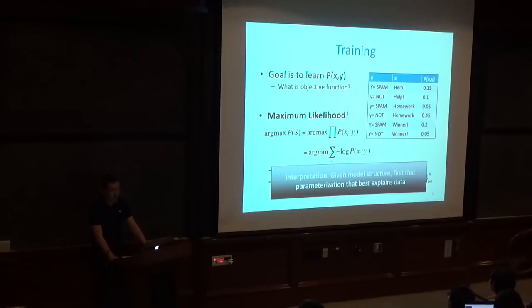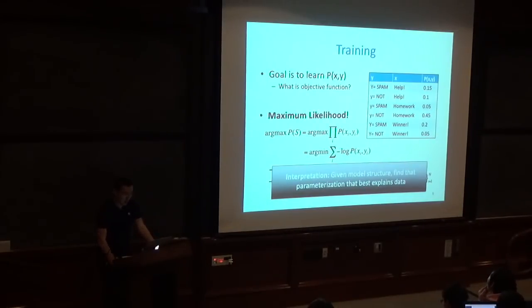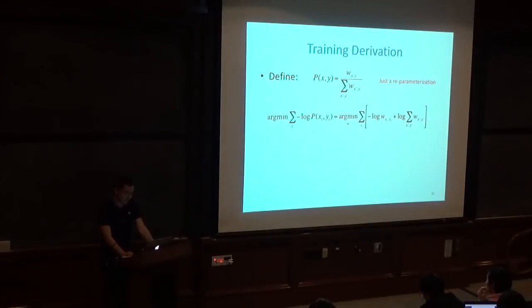So the interpretation here is that, given some structural assumptions about the model, given the model class, we want to find the parameterizations of this model class that best explain the data, that maximize the likelihood of observing the data that we sampled from the true distribution. In this particular example, the model class is unstructured, in that we simply have a single parameter per possible unique item in our distribution. We'll look at more structured examples later on, but that's the idea.